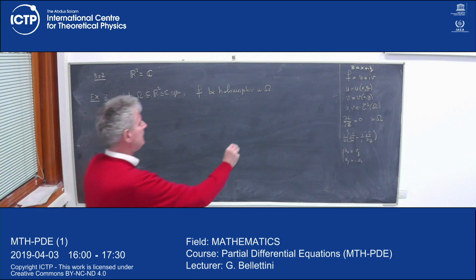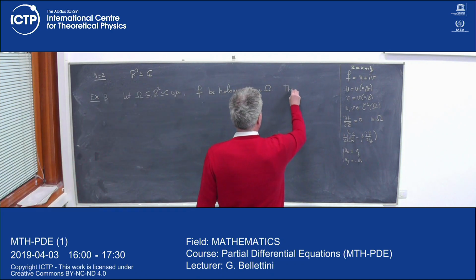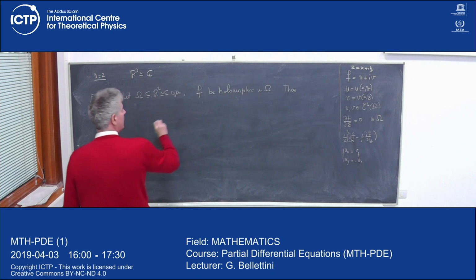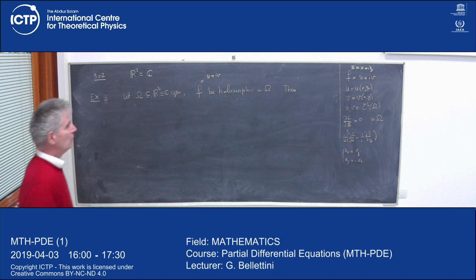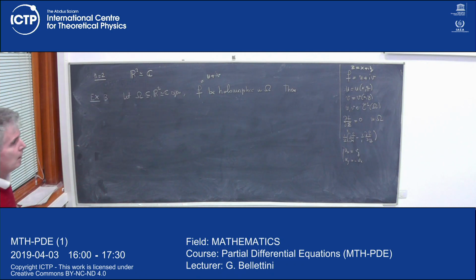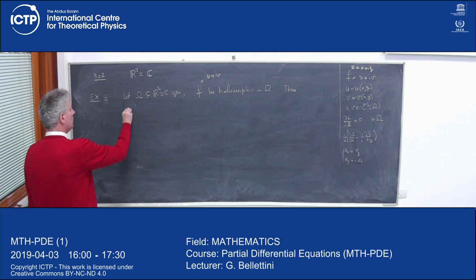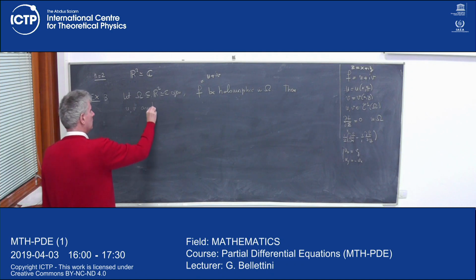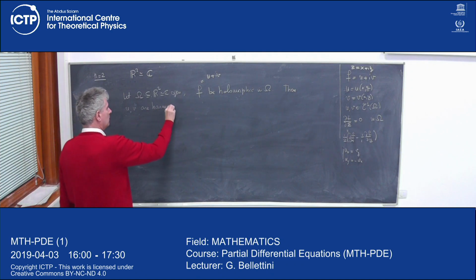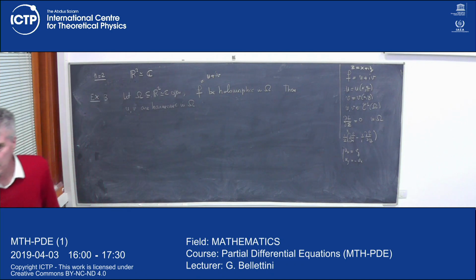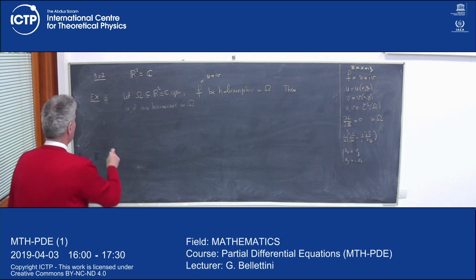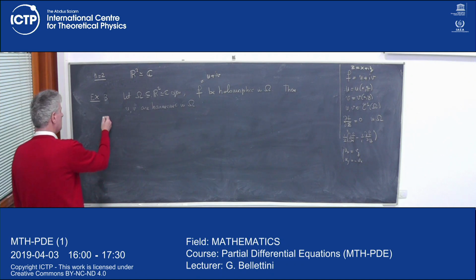Okay. So then, if f is u plus iv in this identification, then u and v are harmonic. So in this way there is a way to produce a lot of harmonic functions. For instance, let's see examples.